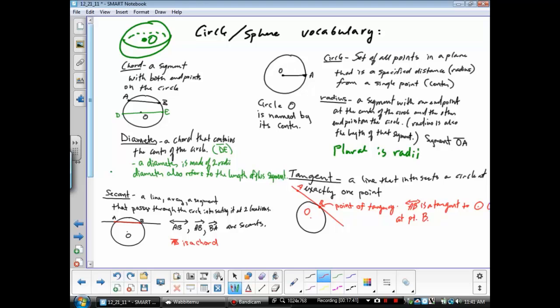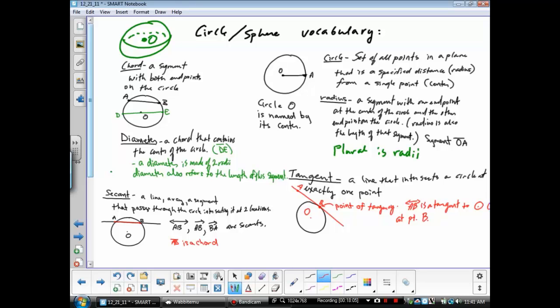A sphere is a ball shape, like a basketball, baseball, not a football. A sphere is like a volleyball. It's all the points in space that are the distance of the radius from the center.